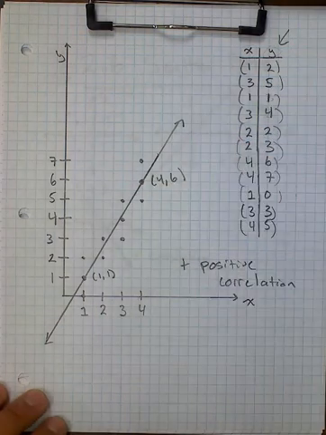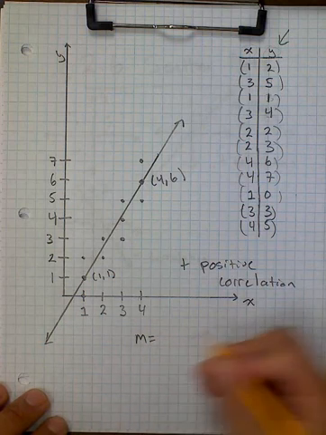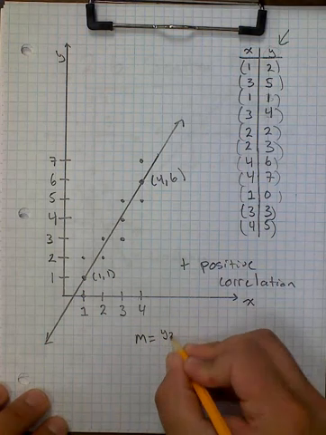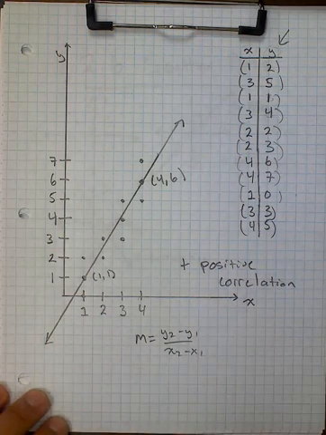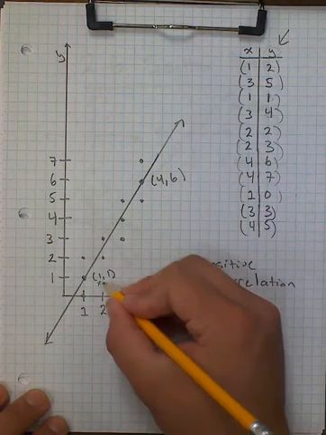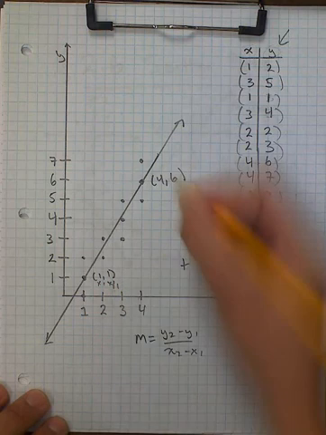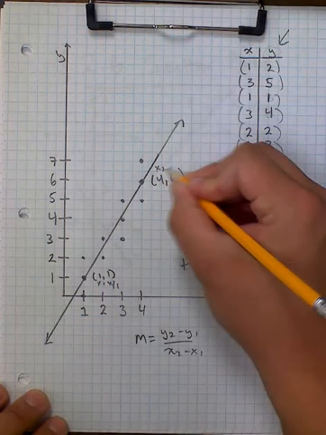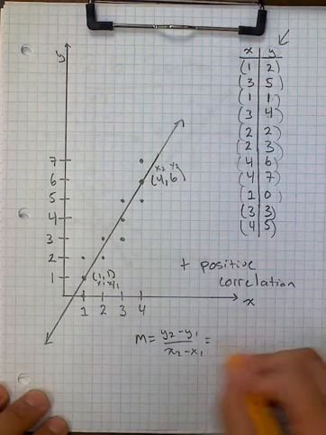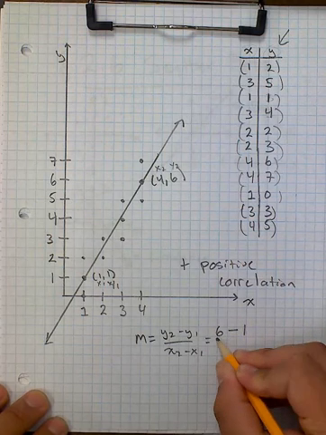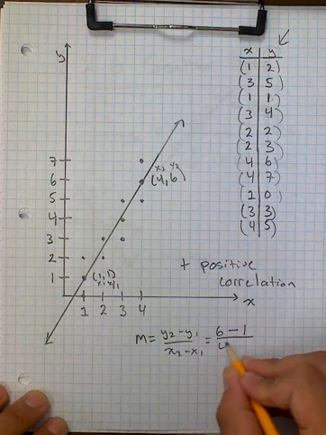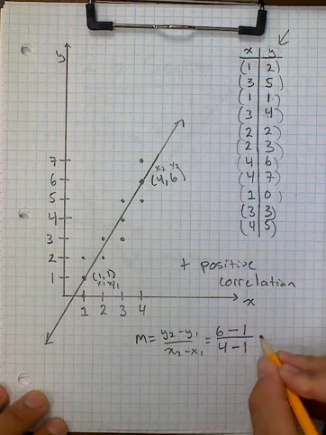The slope of this line, using the slope formula, y2 minus y1 over x2 minus x1, with this as my x1, y1 and this point as my x2, y2: 6 minus 1 over 4 minus 1. I get 5 over 3.